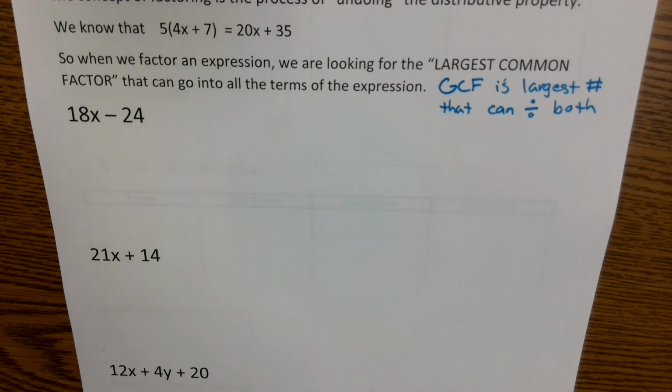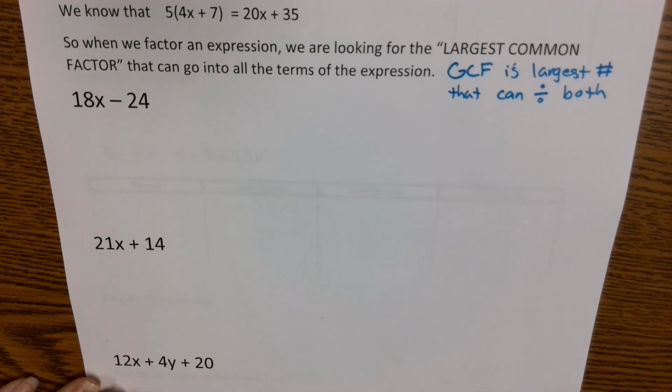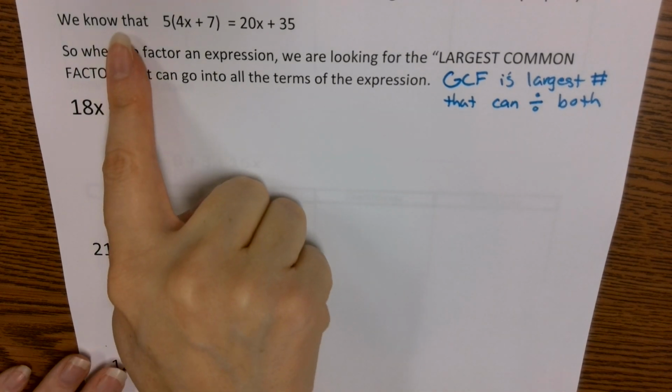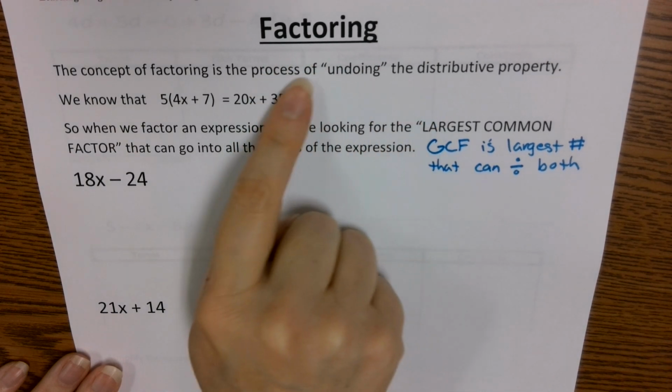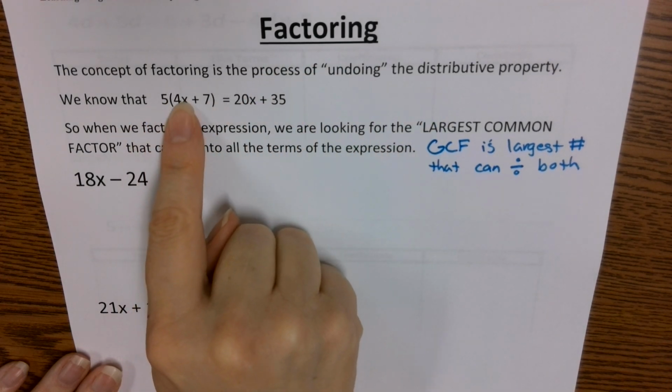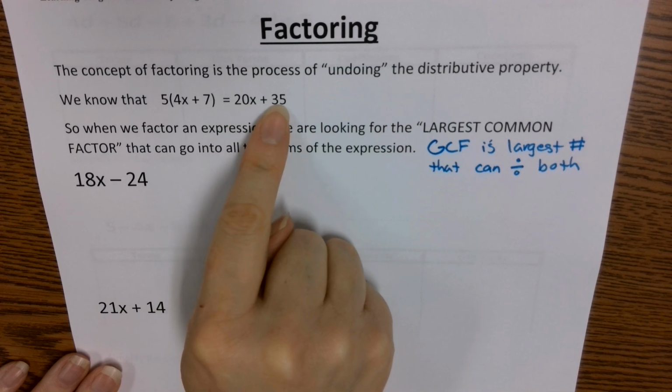Now, it's not always going to be just a number. Sometimes you might have a variable that's a common factor as well. Okay, so here, what I said before, I know that with distributive property, I can multiply 5 times 4x and 5 times 7, and that's going to give me 20x plus 35.